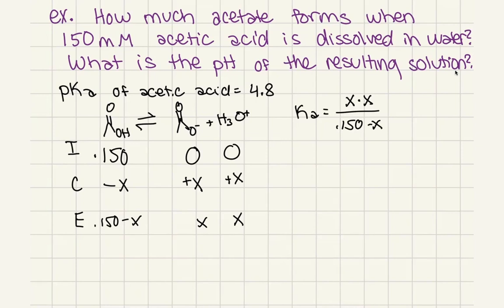In this case, the pKa is equal to 4.8. So instead of thinking of this in terms of Ka, if we want to think about it in terms of the pKa, that would be 10 to the minus pKa. Now we can simplify this and put in some actual numbers. You can do basically X squared over 0.150 minus X equals 10 to the minus 4.8.